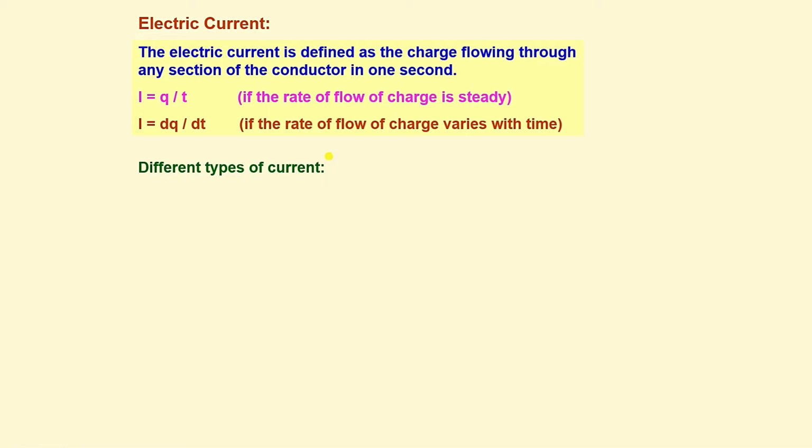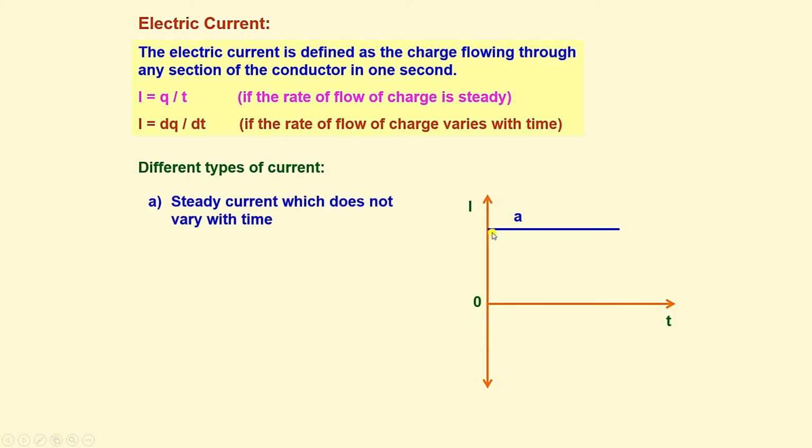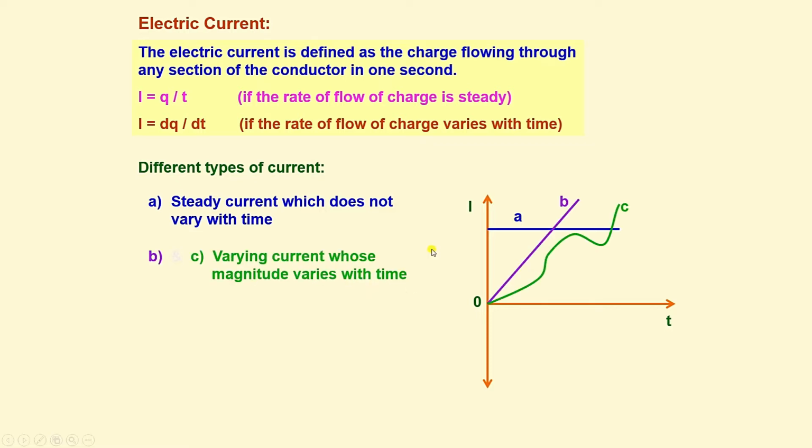There are different types of current. In this graph, time is taken along this axis and current along this axis. A steady current, represented by this blue line, does not vary with time. The second is a varying current.